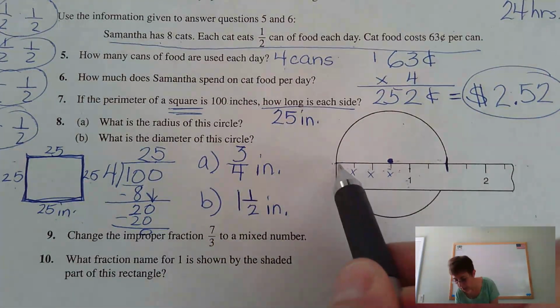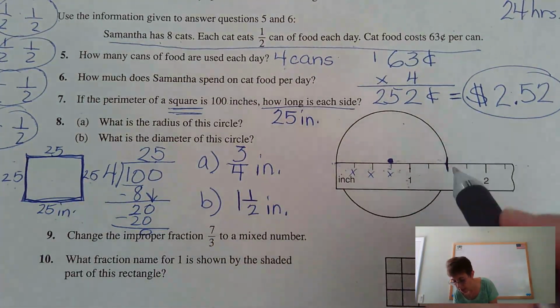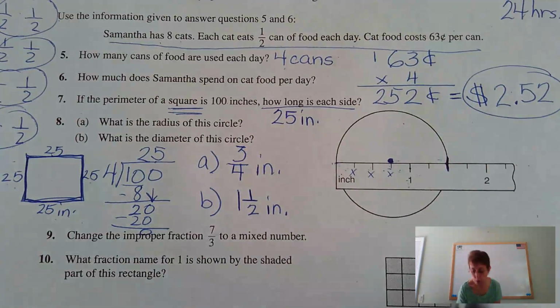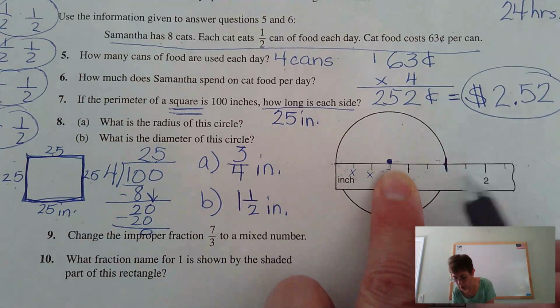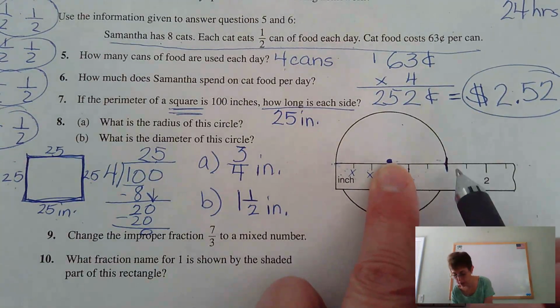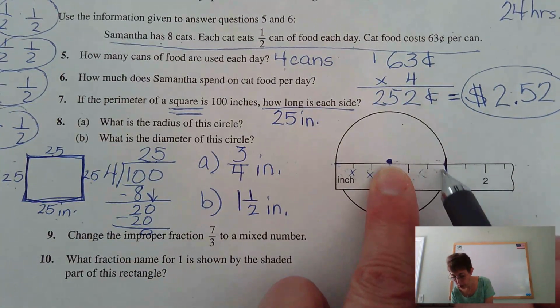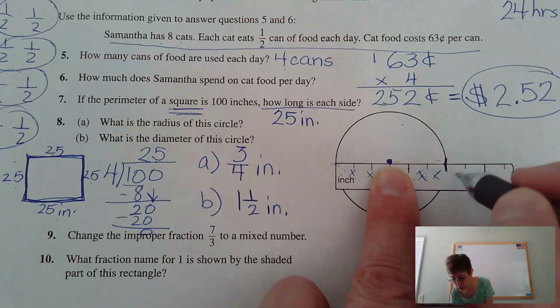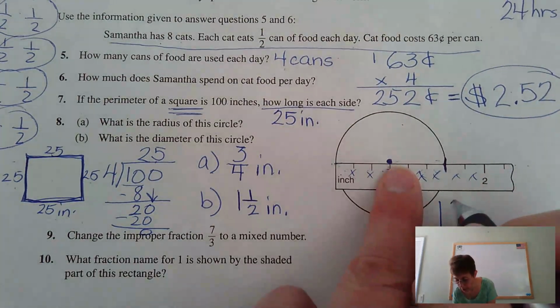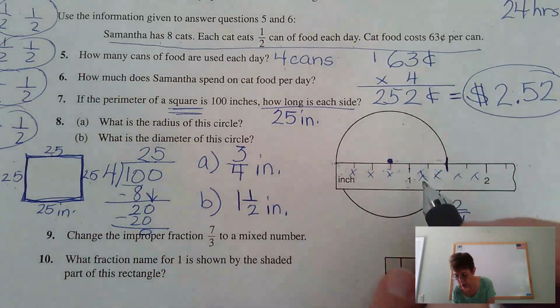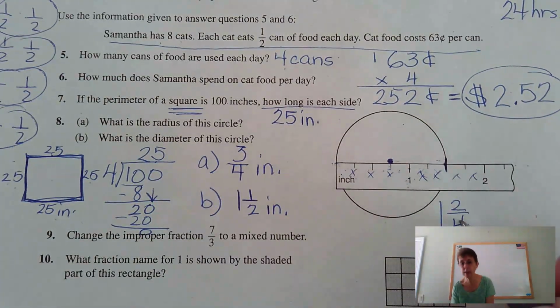And again, the diameter is 1.5 inches. You may have looked at it and said, well, it's 1, and then it's a little bit more than 1, so I know it's going to be a mixed number. You have again 1, 2, 3, 4 equal parts. So you might have said this is 1 and 2/4, because there are 4 equal parts and it's pointing to the second one.